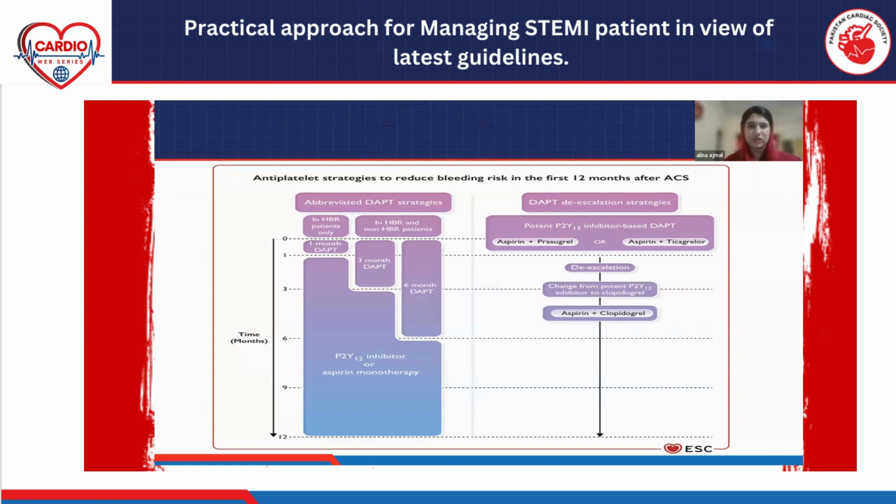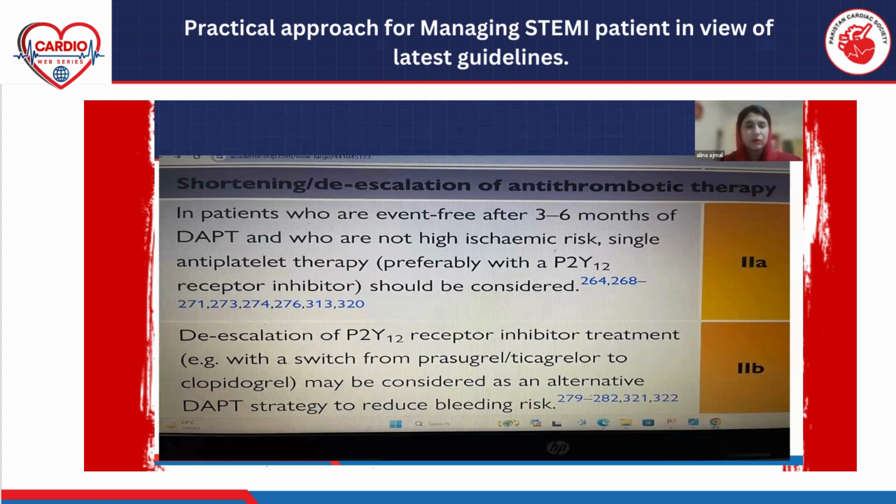And in such patients who are complaining again and again of stomach pain and epigastric pain, what to do? Can you switch down? Can you have a shorter DAPT duration? So the answer in these guidelines is yes, shortening or de-escalation of antithrombotic therapy.